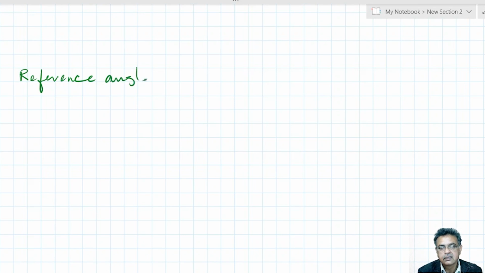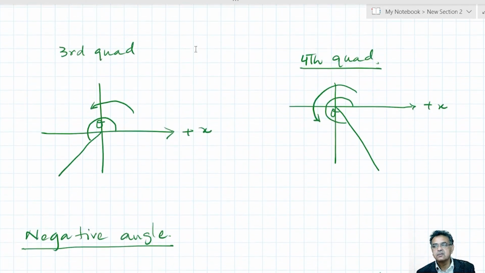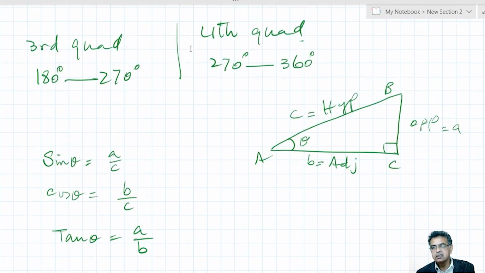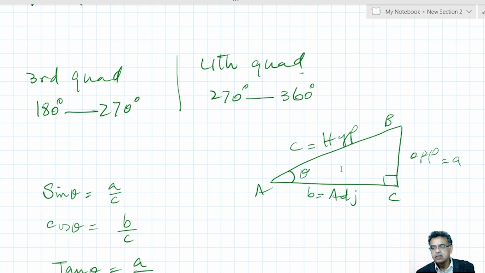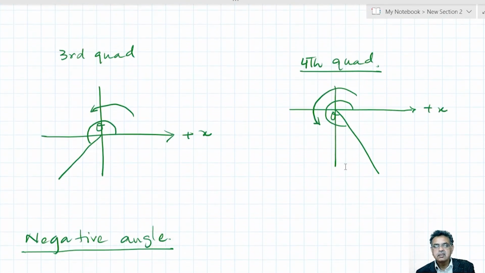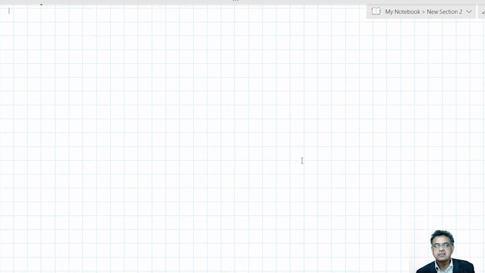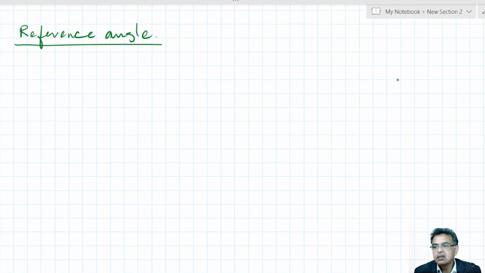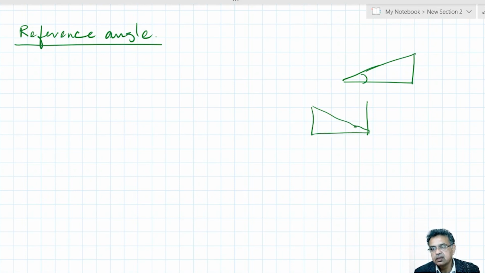Reference angle. Actually, reference angle is the same reference of right angle triangle like this one. So this triangle is not necessary always to be in this form, like this is reference angle. If it is in second quadrant, triangle will be in this way, then this is opposite and this is adjacent.